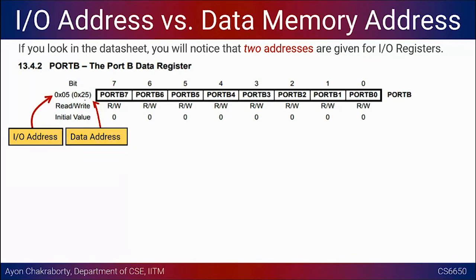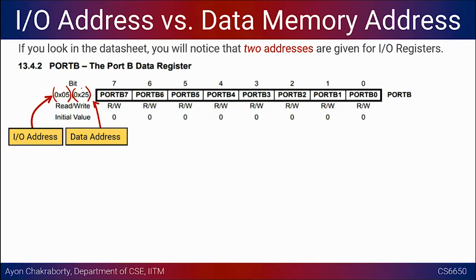From the SRAM or from the program, whenever we try to access that register, we have to use this data space address which is mentioned in the parentheses. Whereas whenever we are trying to use that as an input output register and using some assembly language instruction for manipulating that, we have to use something called the IO address.